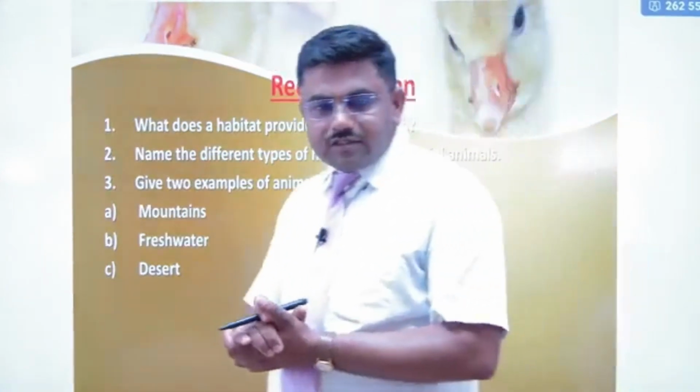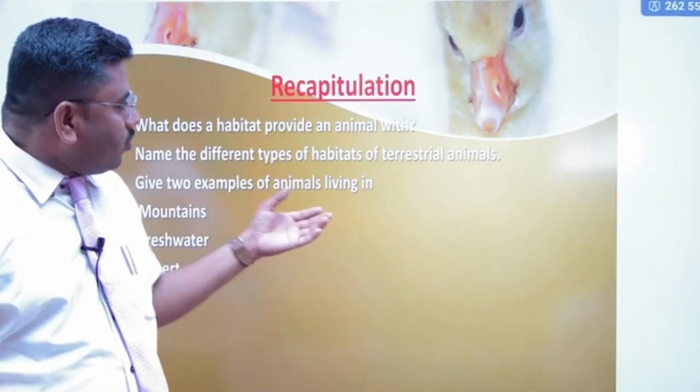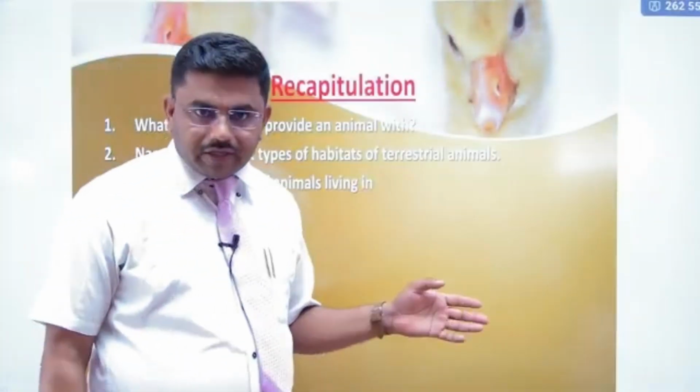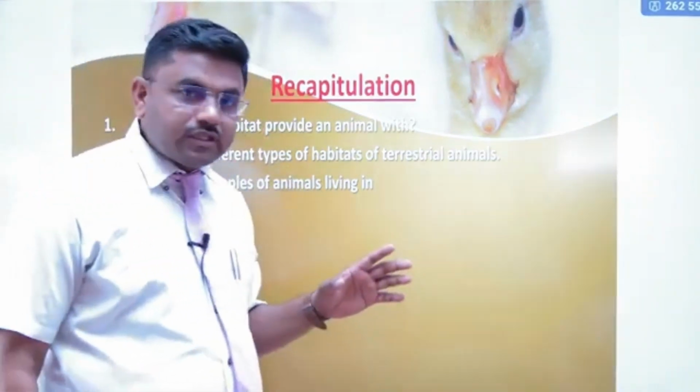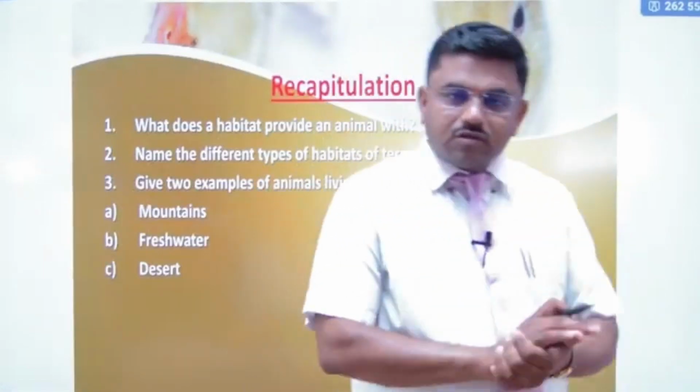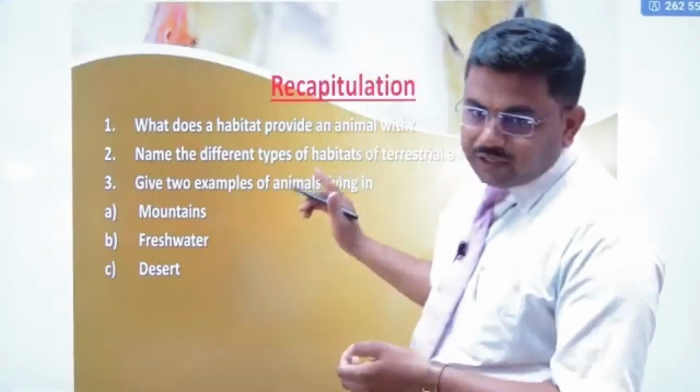Now recapitulation, some questions. We have studied habitat, terrestrial and aquatic, and some types also. Write in your notebook: what does a habitat provide animals with? Name the different types of habitat.